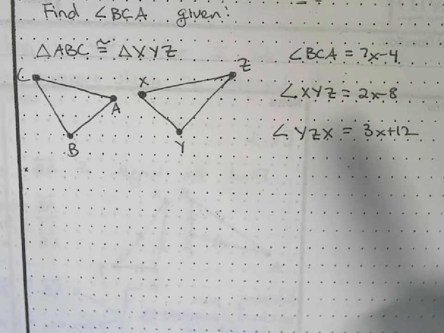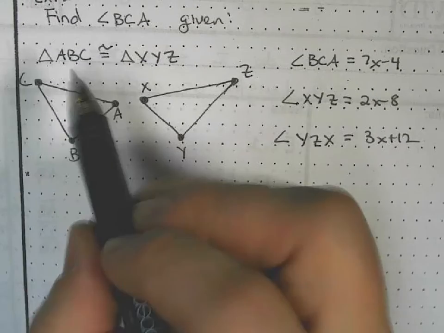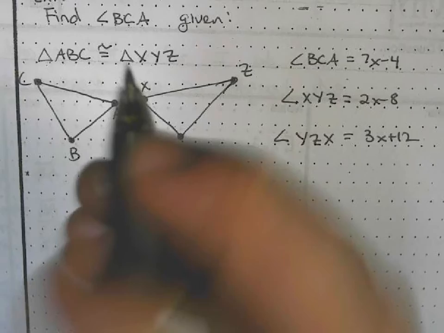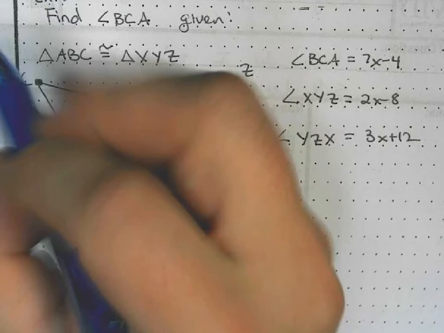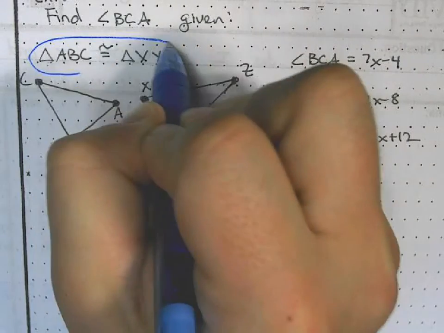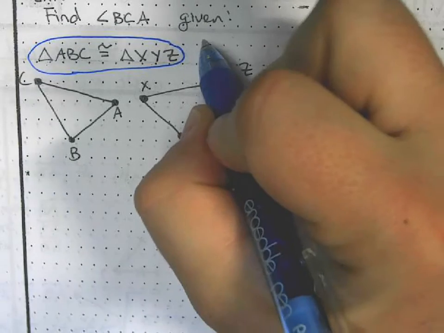So we're not given any markings on our triangle, so we have to use this statement right here to help set up our congruency statement, because remember, the order of our letters is important.